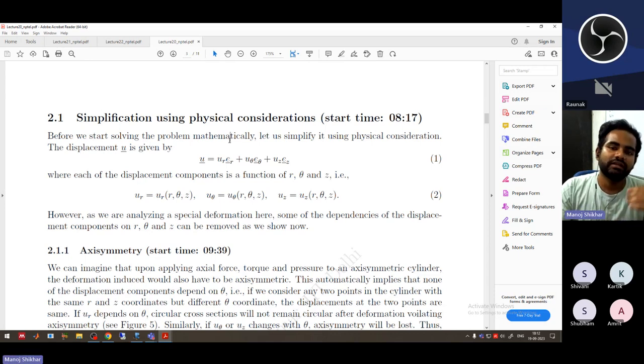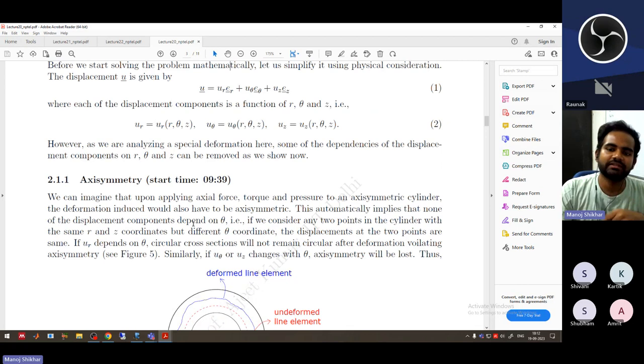After that, we realize some things and reduce our problem. We try to figure out whether UR, U theta, or UZ will depend upon r, theta, z, or only upon r, only theta, or only z. The first assumption is axis symmetry.